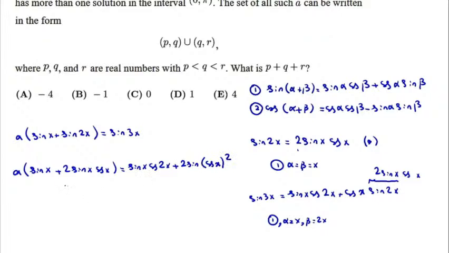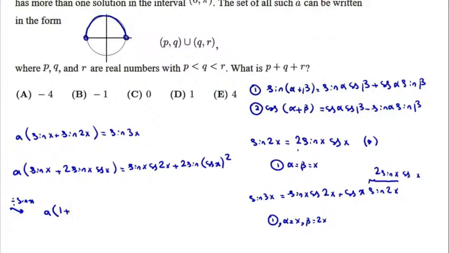Now we divide both sides by sine x. And sine x is not 0, because if you consider the unit circle, from this part to this part, sine is the vertical line. It's not 0. Sine of 0 and sine of pi are 0. So we can divide both sides by sine x.